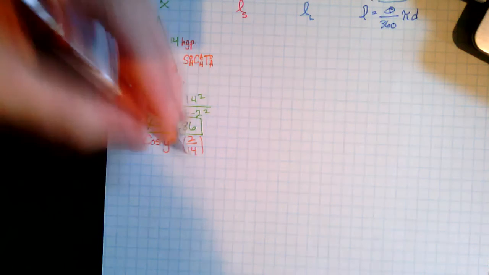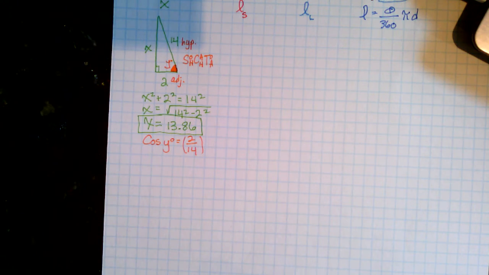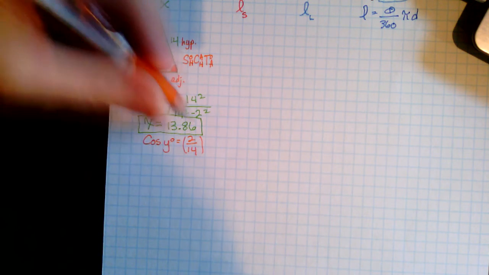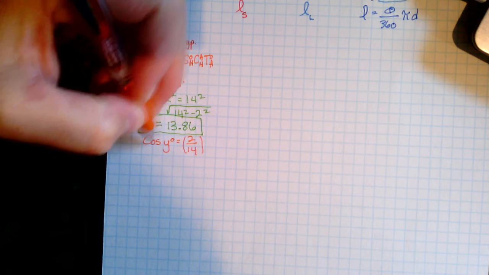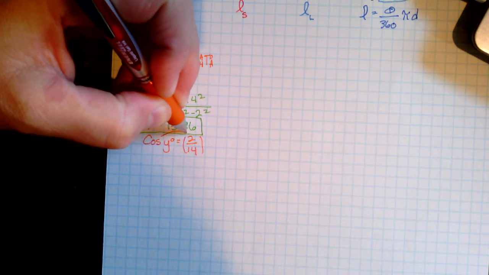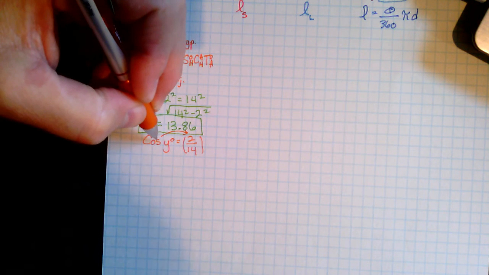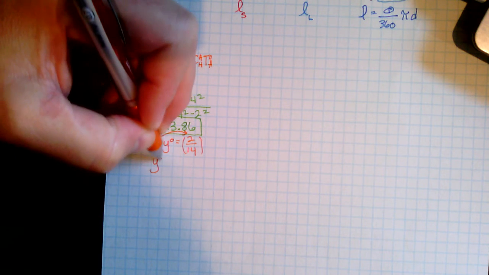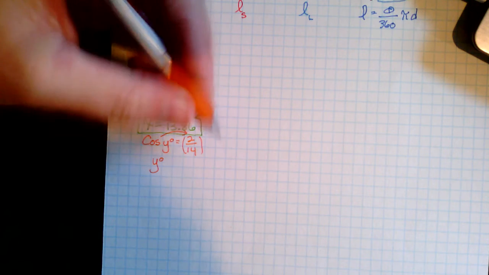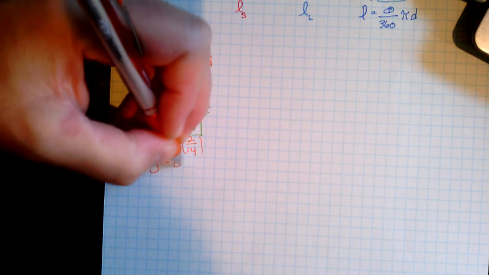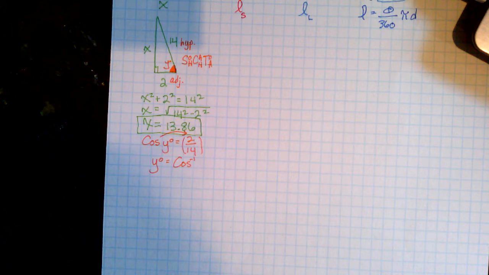There's my ratio. So when I want to find an angle, I'm going to use the inverse of the function. You'll learn more about how this whole identity works in your next math class. But when you find an angle, you use the inverse of the function. So you move that cosine to the other side of the equal sign, and it changes to the inverse of the function.